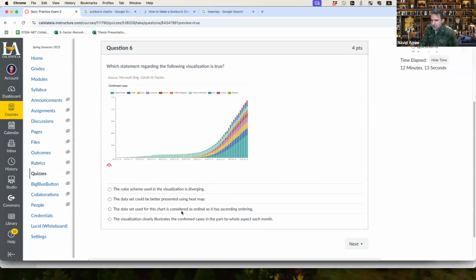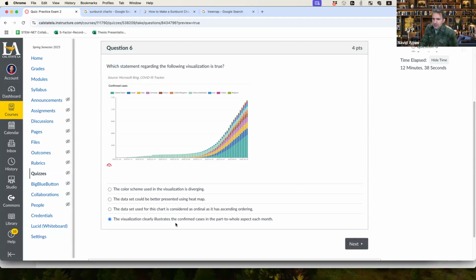This set used for this chart is considered ordinal as it has ascending order. No, it is quantitative. It can take any values. So the only one remaining is this one.